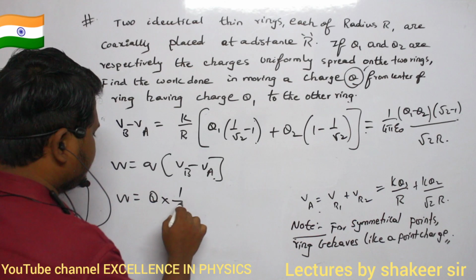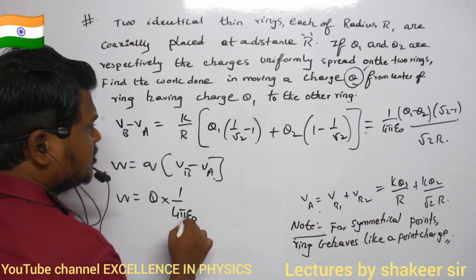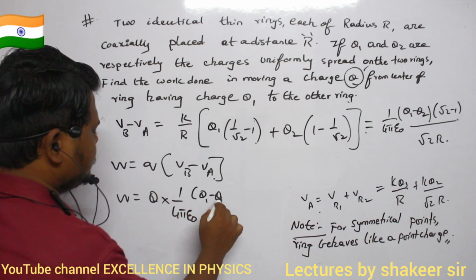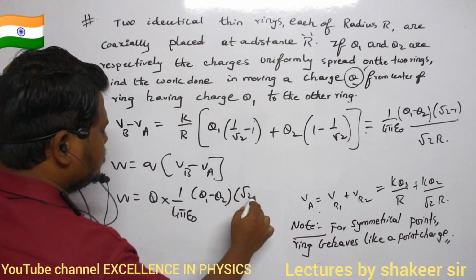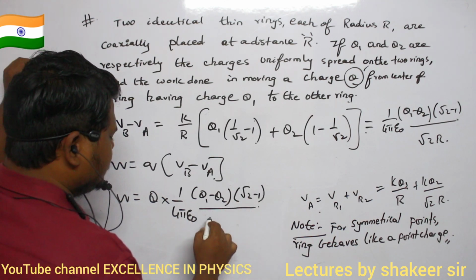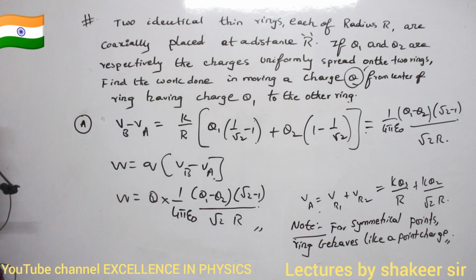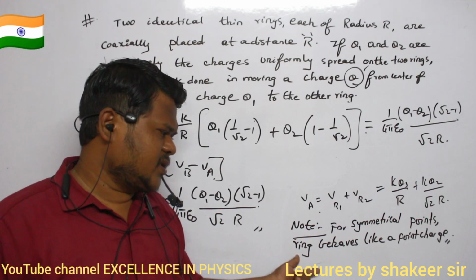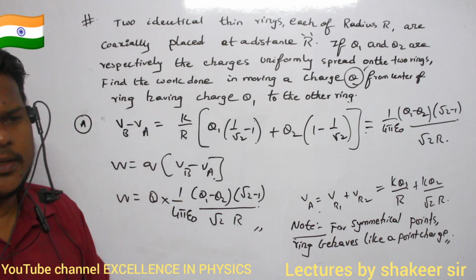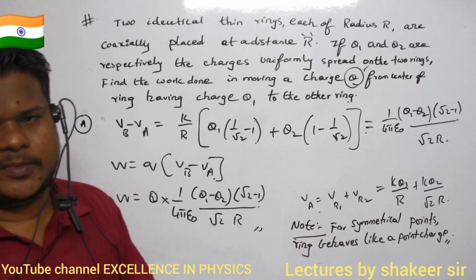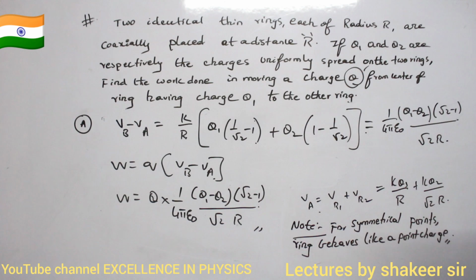So 1 by 4 pi epsilon naught into (Q1 minus Q2) into (root 2 minus 1) divided by root 2 into R. So this is our equation. Therefore, for symmetrical points, a ring definitely behaves like a point charge. Make a note of this.